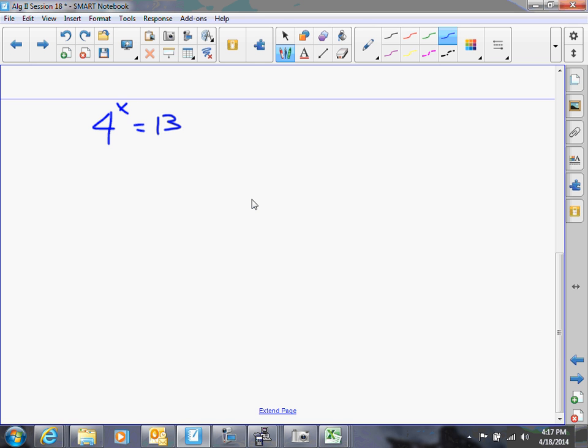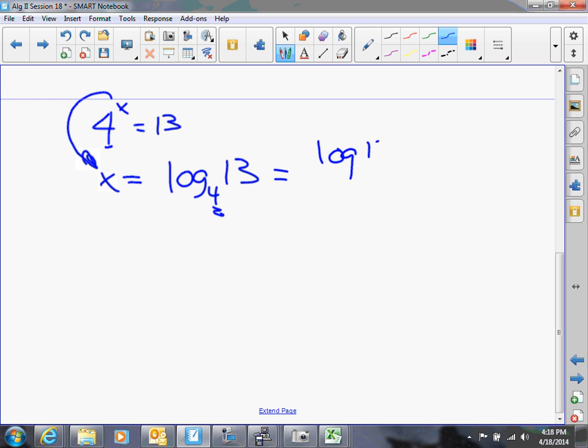We get x is log base 4 of 13, because remember, the base of the exponent is the base of the log, the exponent is the log, and the 13 is the argument of the log. But by the change of base, this is the log of 13 divided by the log of 4.